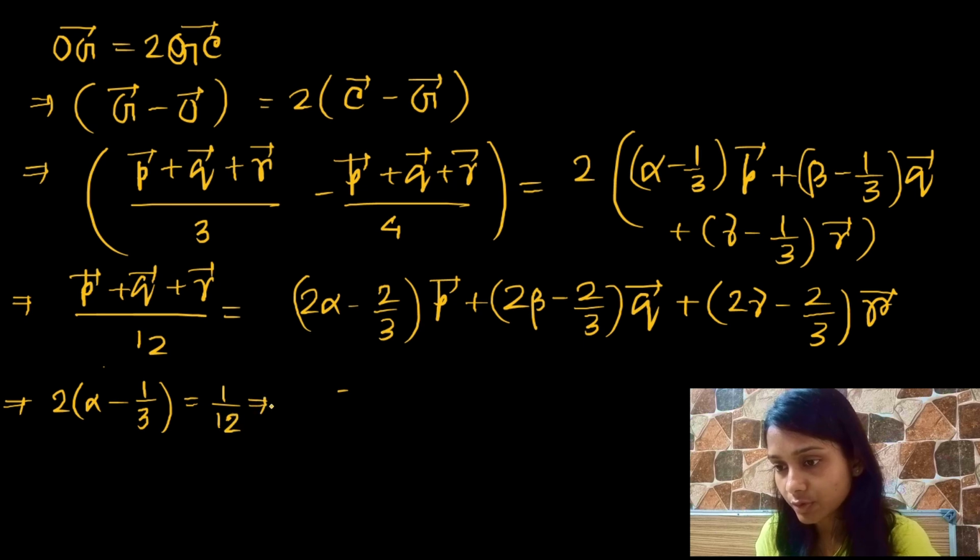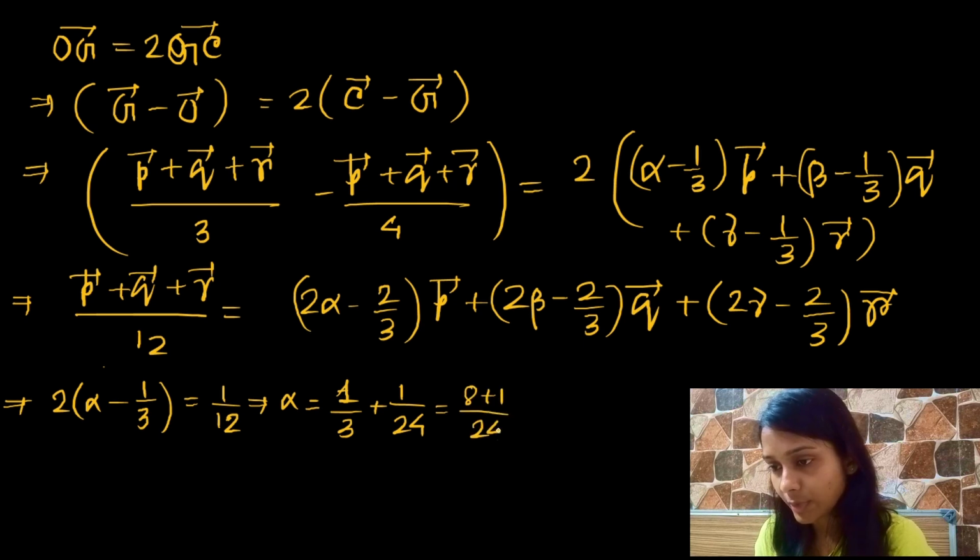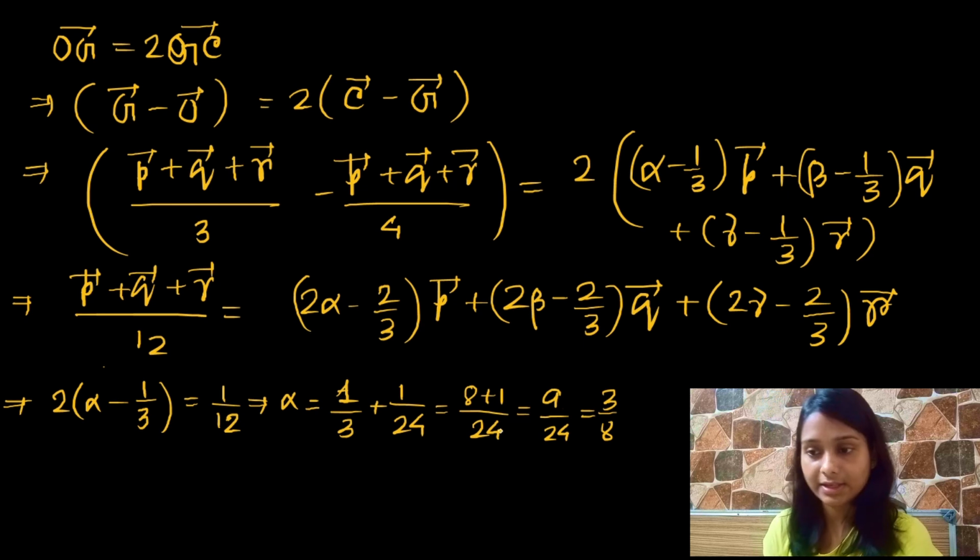So alpha equals 1/3 plus 1 by 24. So it will give 8 plus 1 by 24, so 9 by 24, which gives 3 by 8.